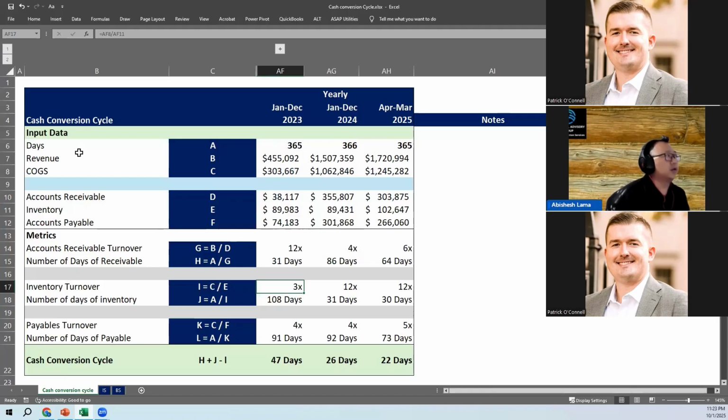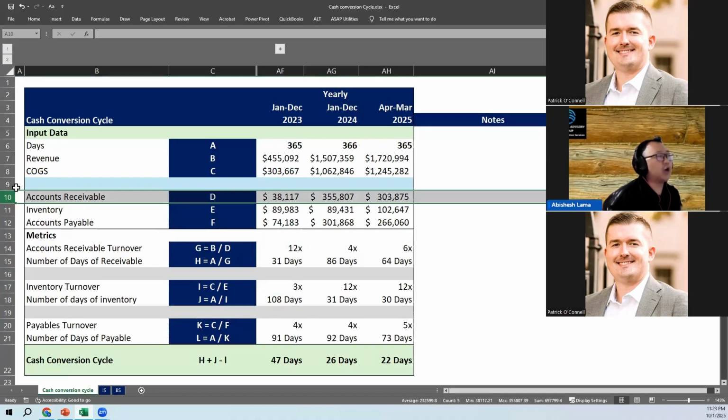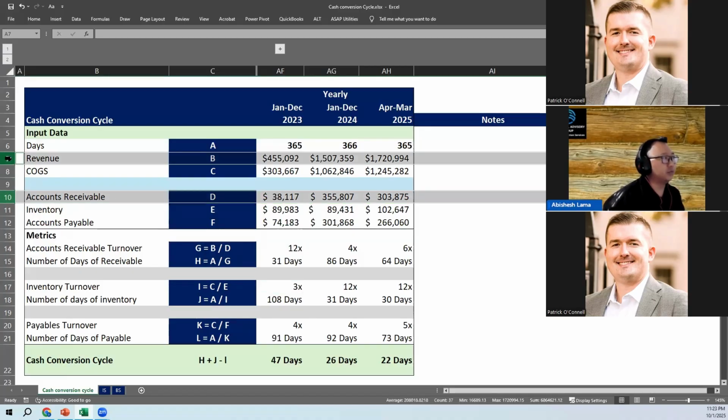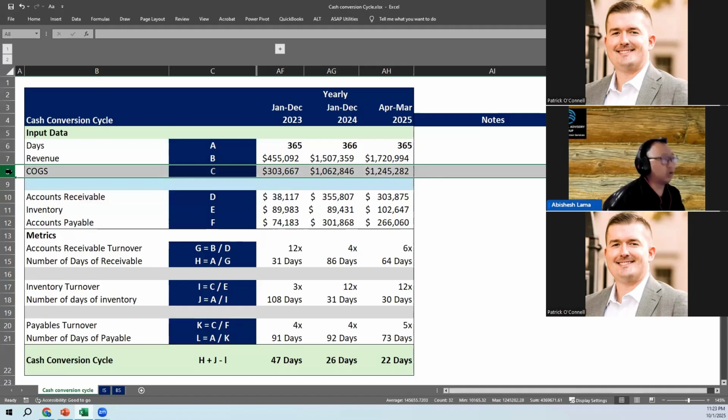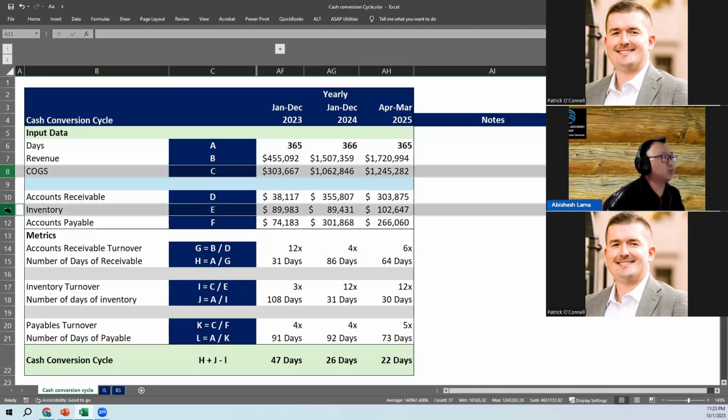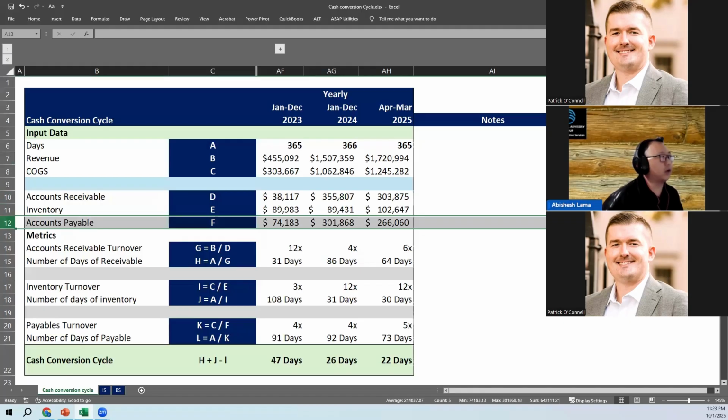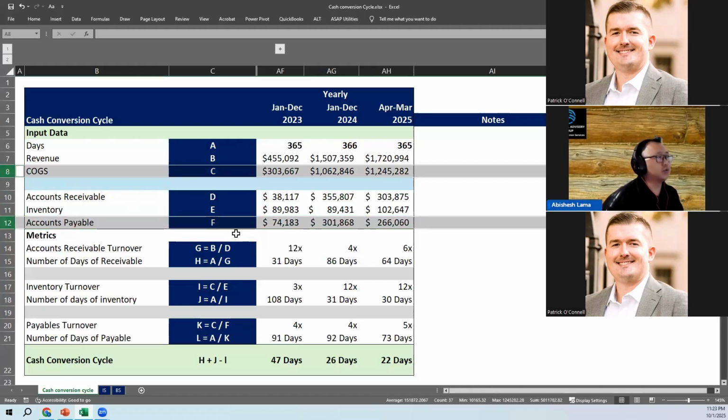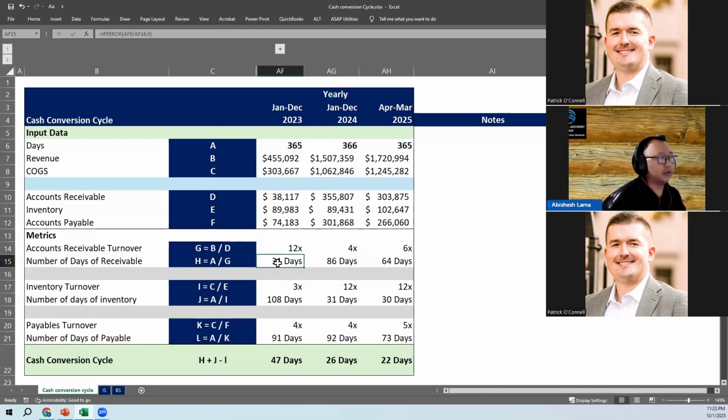One thing that I'd like to explain is that accounts receivable is an output of revenue, and cost of goods sold is an output of inventory. So for that reason, when we compute the days sales outstanding, or debtor days, we use revenue and AR.